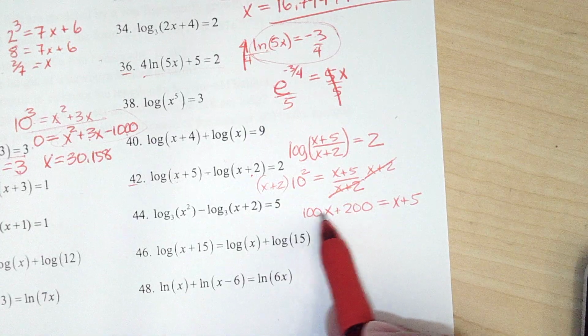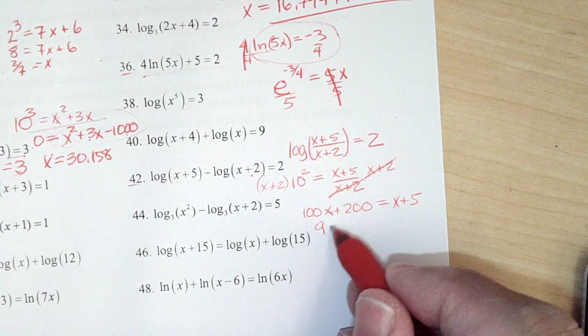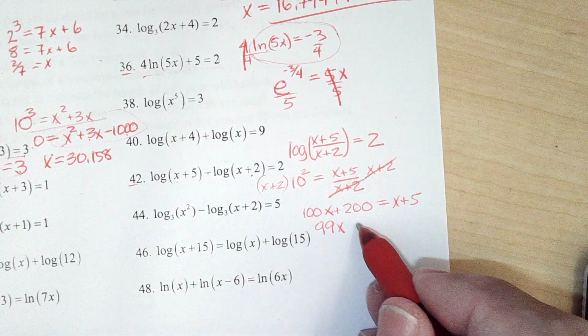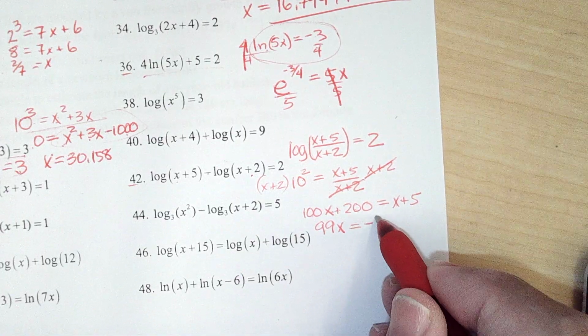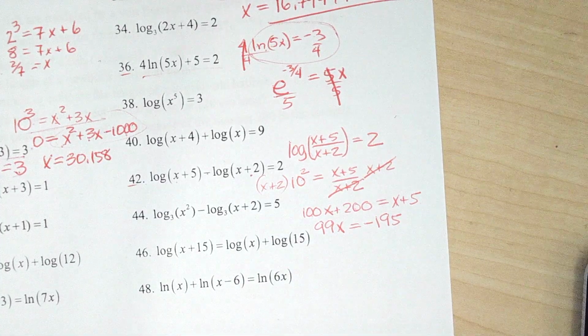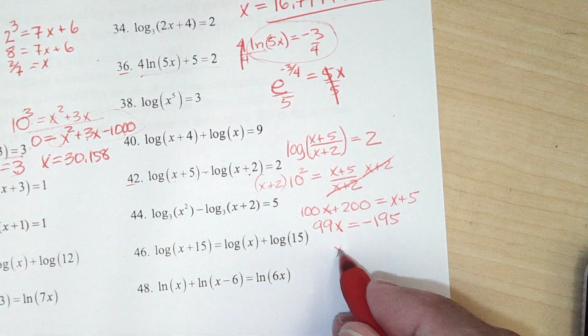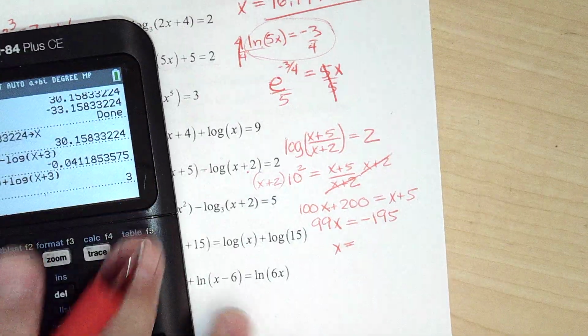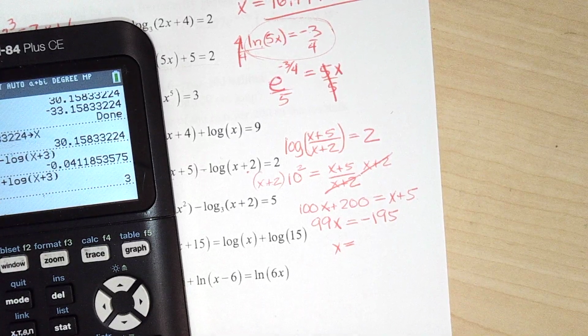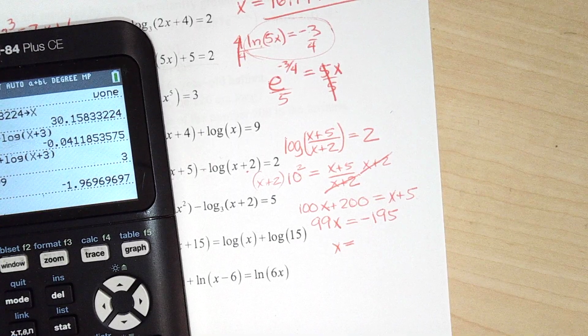Subtract 1x from 100 x's, 99 x's. Subtract 200 from both sides, and I get equals negative 195. Divide by 99, and x will equal negative 195 divided by 99.